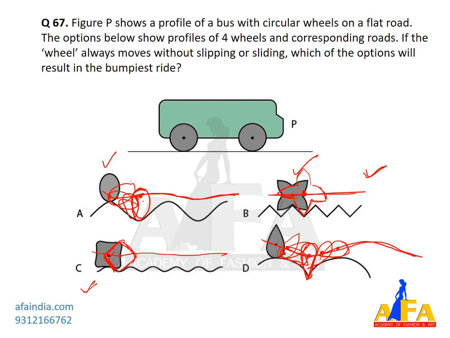So with this graph you can easily see that the maximum bumpiest ride will result in the D option. Okay.